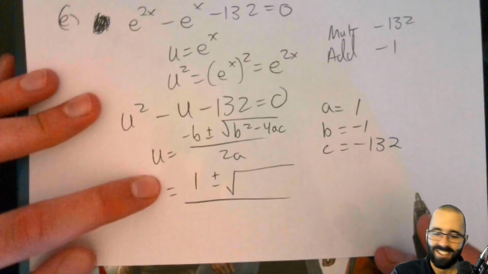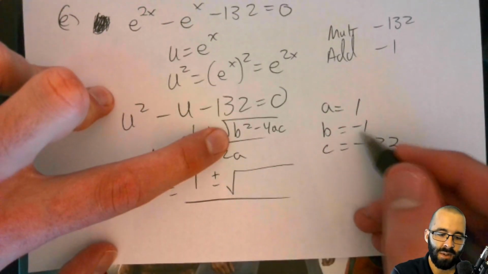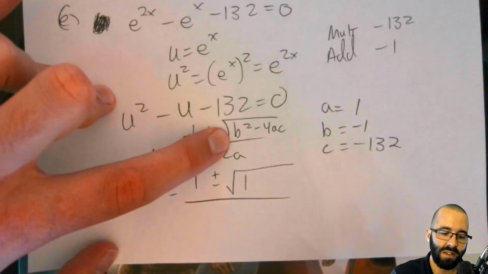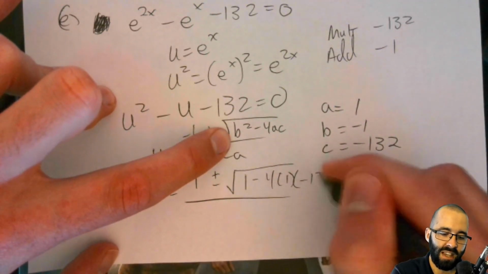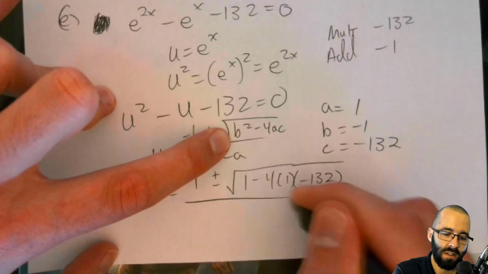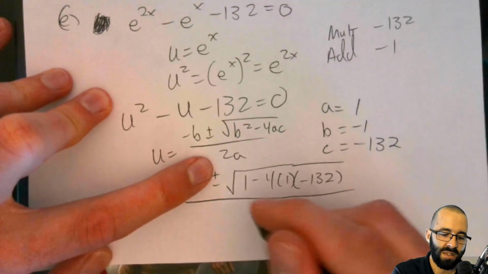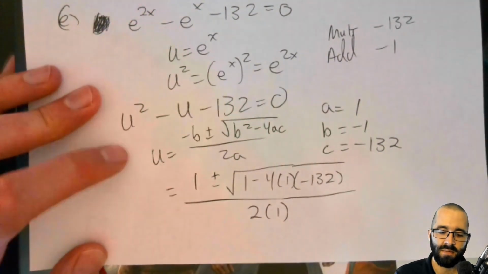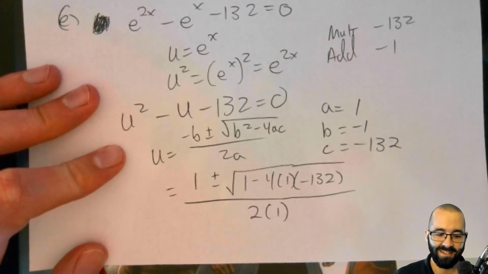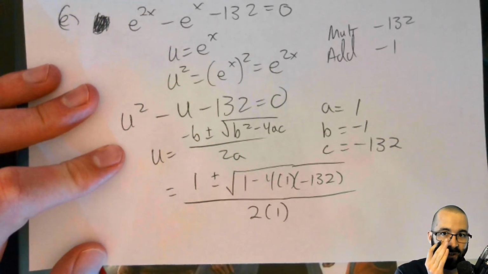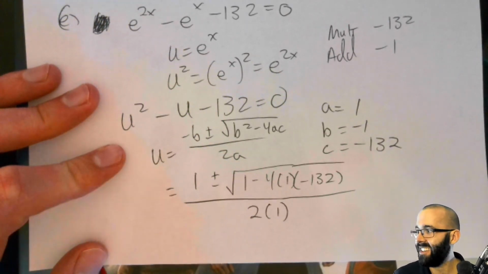All right. So b squared, what happens when I square a negative 1? It becomes a positive 1. Minus 4 times a, which is 1, times c, which is negative 132. All over 2 times a, which is 1. And we got to simplify this. And even after we simplify it, we're not done. Okay?